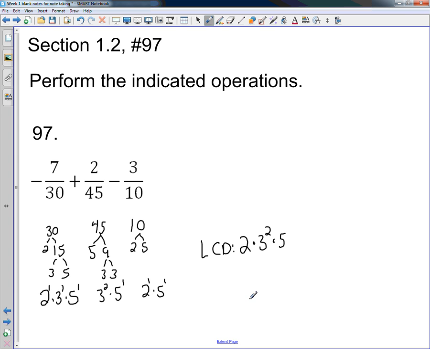Now we go ahead and multiply this together. 3 squared, remember, is 9. So 2 times 9 is 18 times 5 is 90. So my LCD is 90. So I'm going to have 3 fractions this time with the 90.